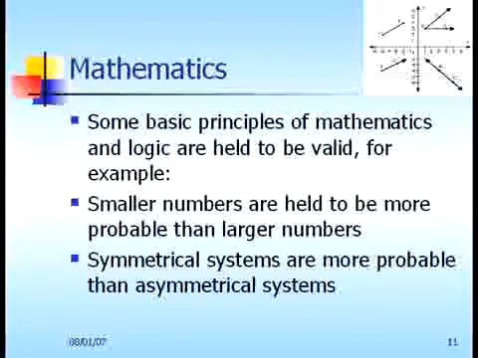And throughout the development of this reciprocal system, we maintain some basic principles of mathematics and logic. For example, smaller numbers are held to be more probable than larger numbers. And another very well-known fact is symmetrical systems are more probable than asymmetrical systems.